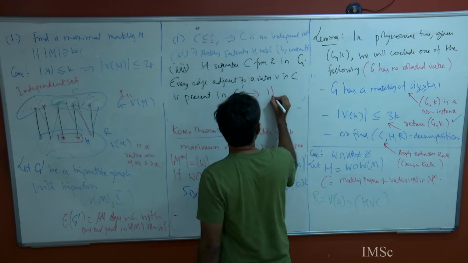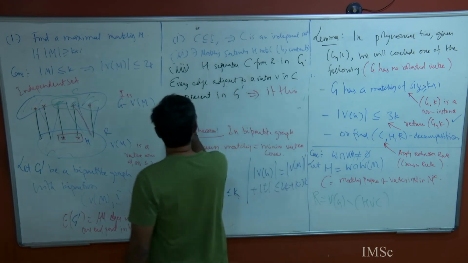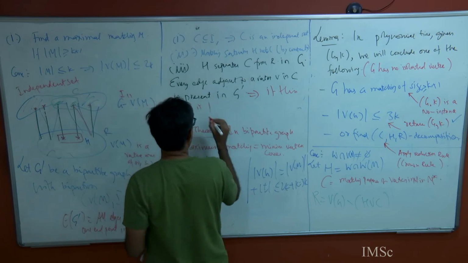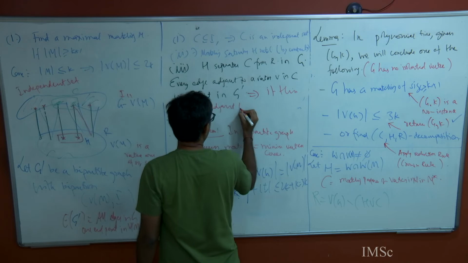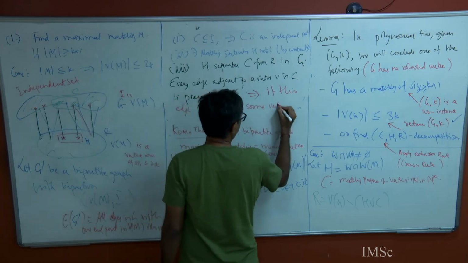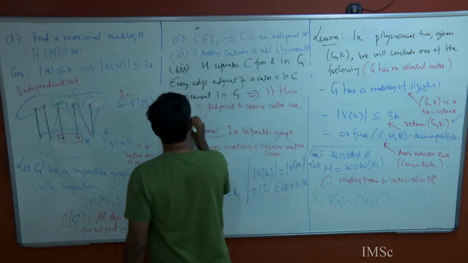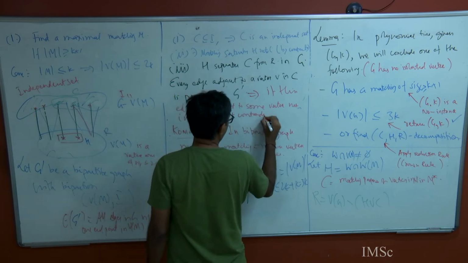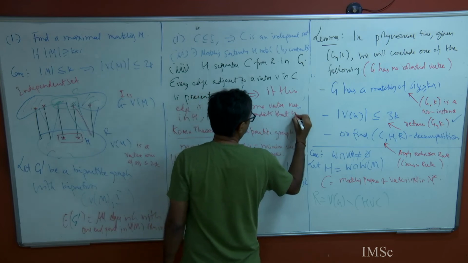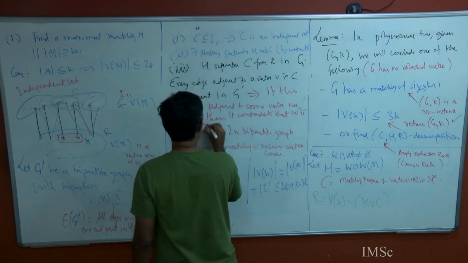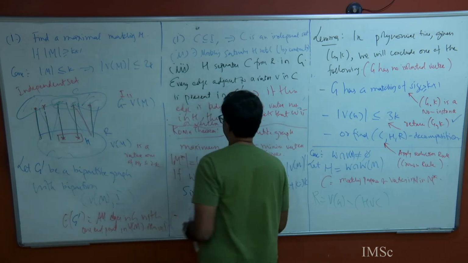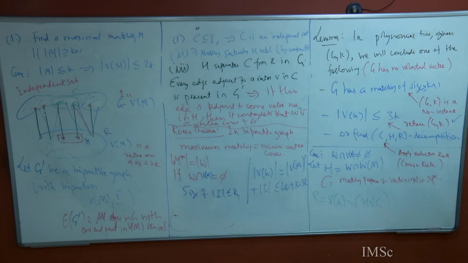Which implies if this edge is adjacent to some vertex not in H, then it contradicts that W is a vertex cover of G prime. That's it. So it is quite clever.